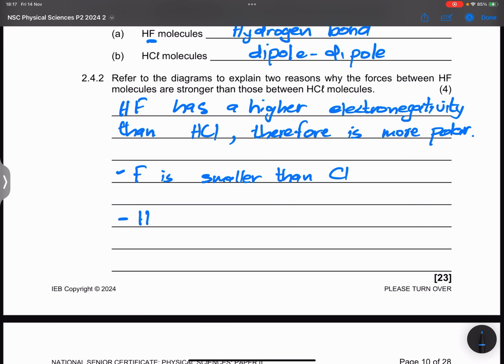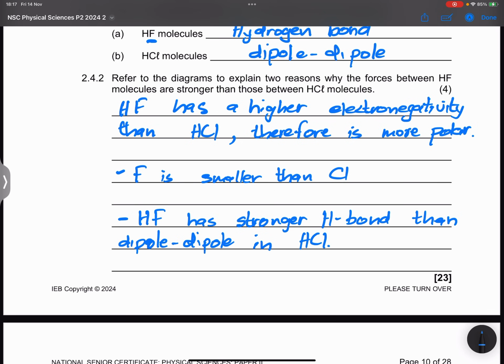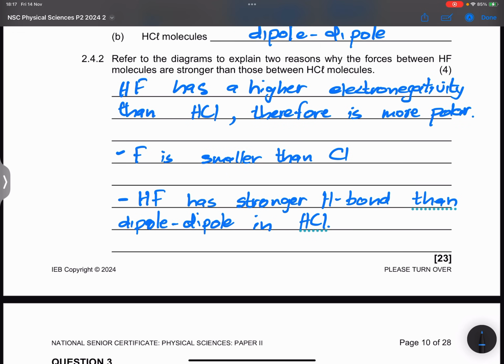So we know that HF has stronger H bonds than the dipole forces in HCl. And so we know that more energy will be required to separate the two molecules.